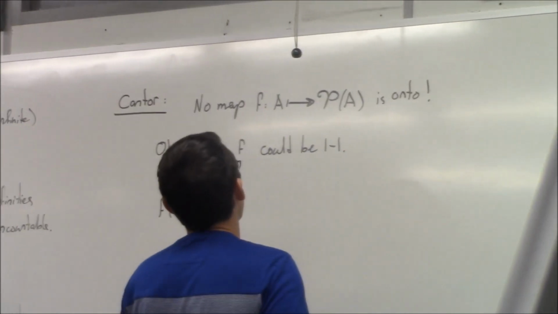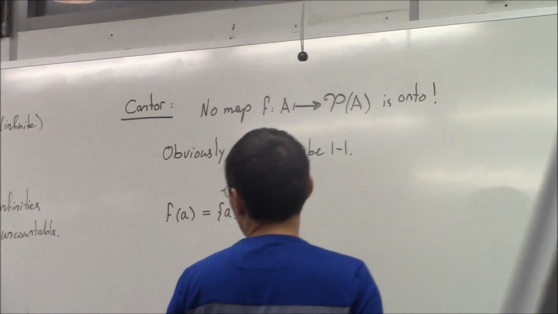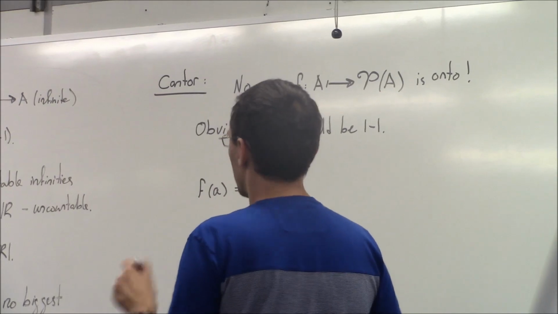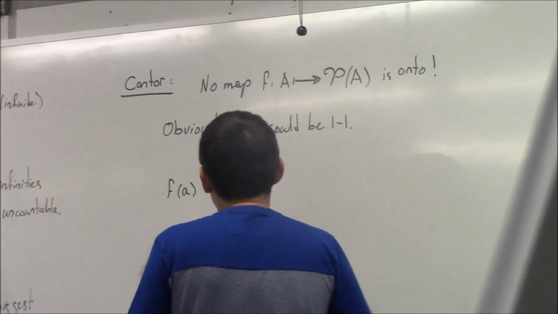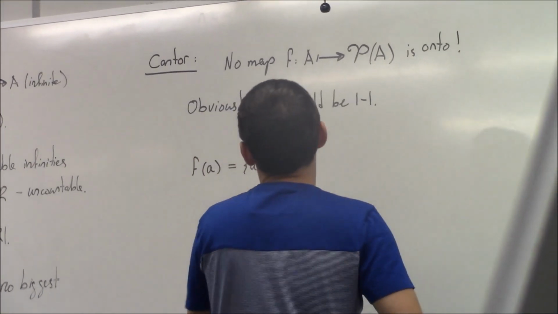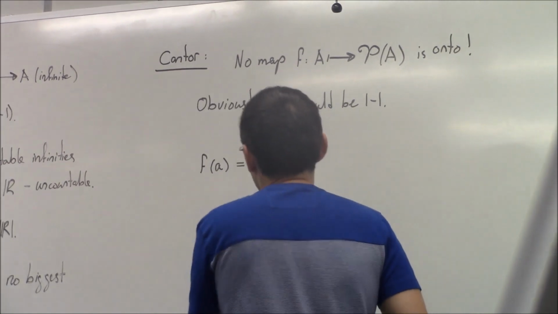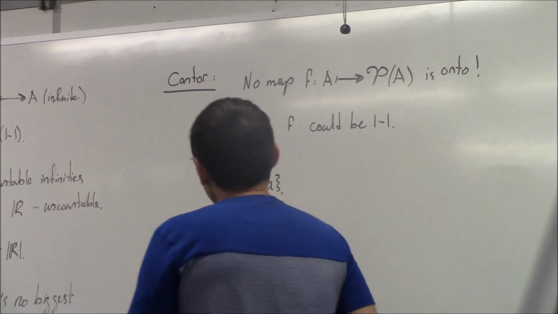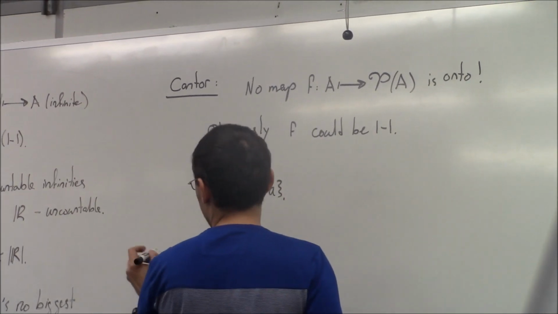Now, why can't a map be onto? Cantor had a very clever argument. Some people always find issue with it. There might be more difficult, intricate things hiding behind the argument, so some people never accept it. But this is how the argument goes.